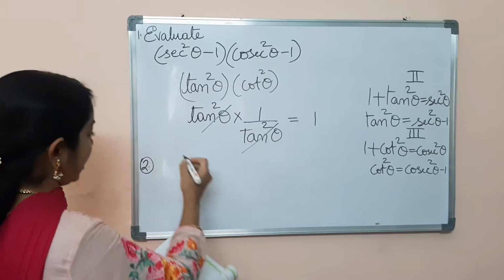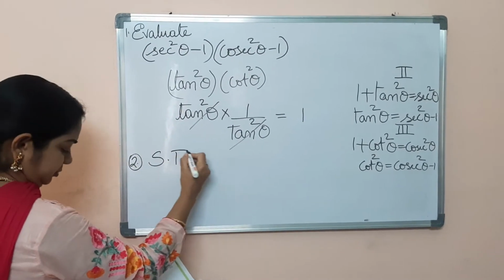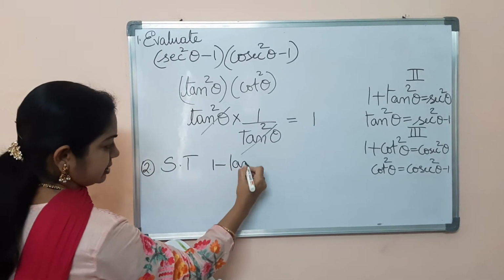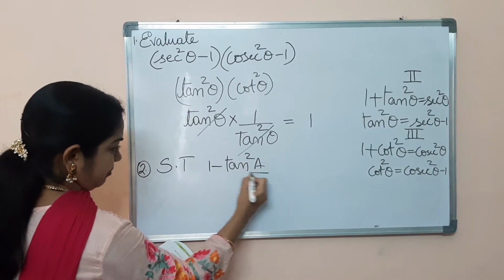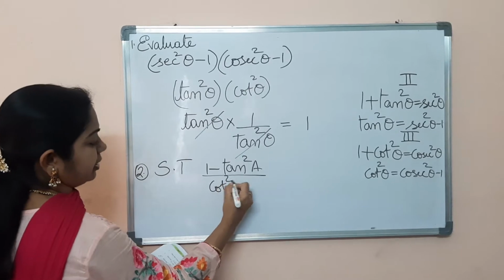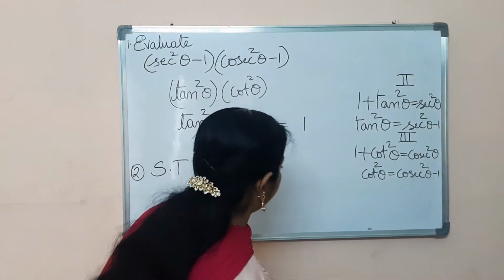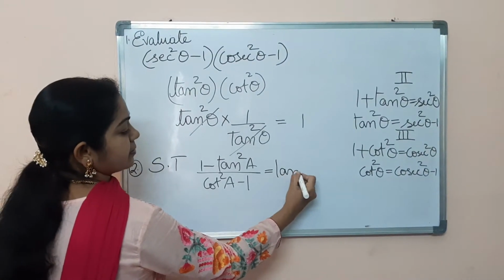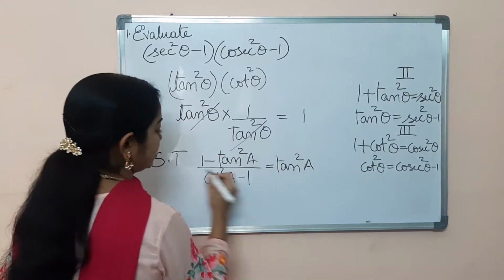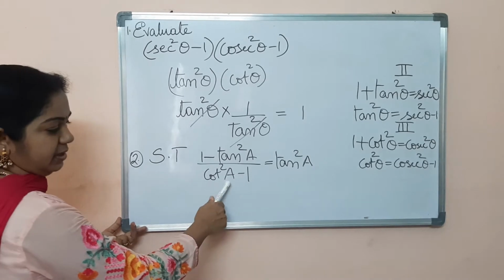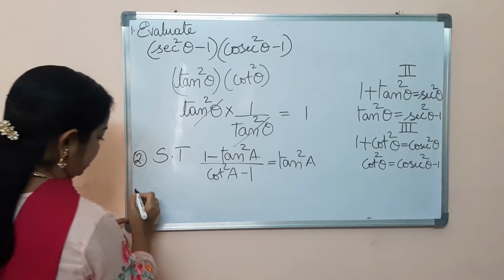Show that (1 minus tan square A) by (cot square A minus 1) equals tan square A. This is a show-that problem. It has an LHS and RHS.